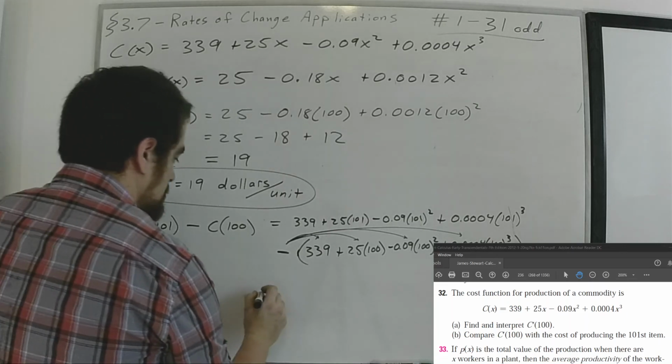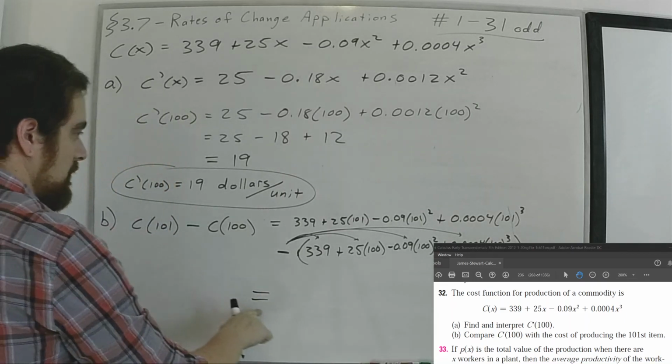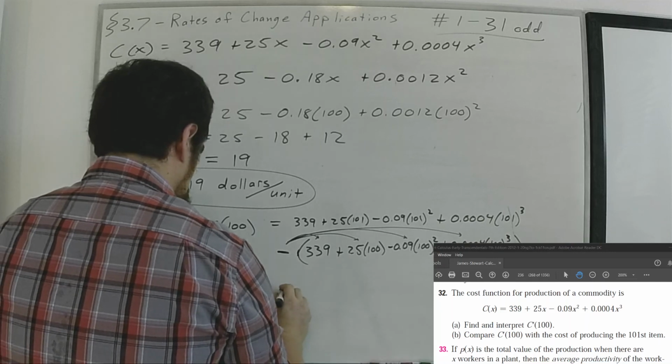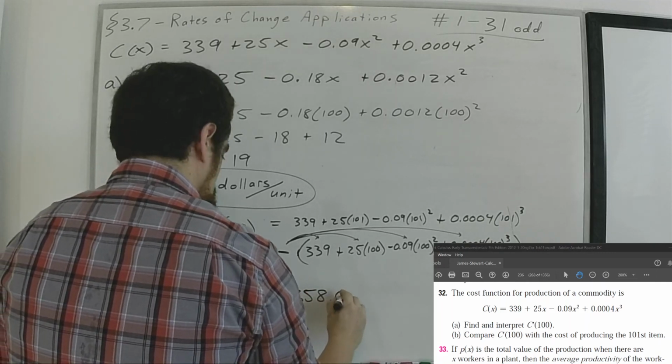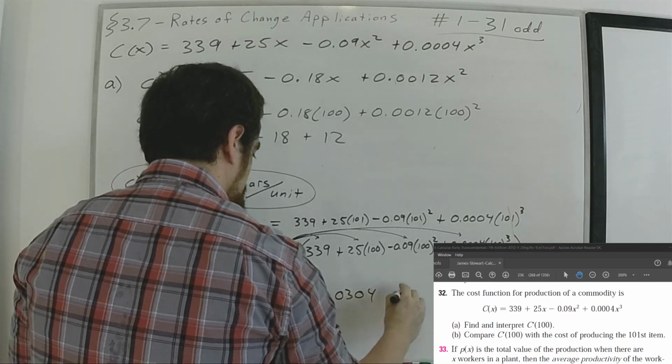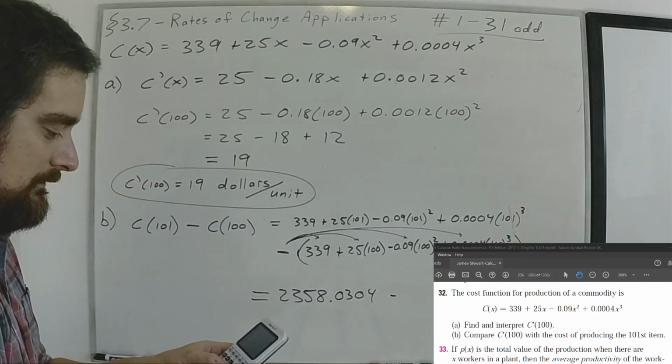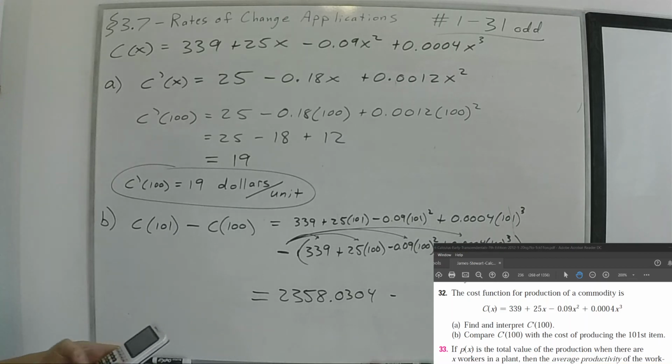So this gives us, for C of 101, 2,358.0304. I'm going to go back and plug in just 100, and we'll get that subtracted quickly.